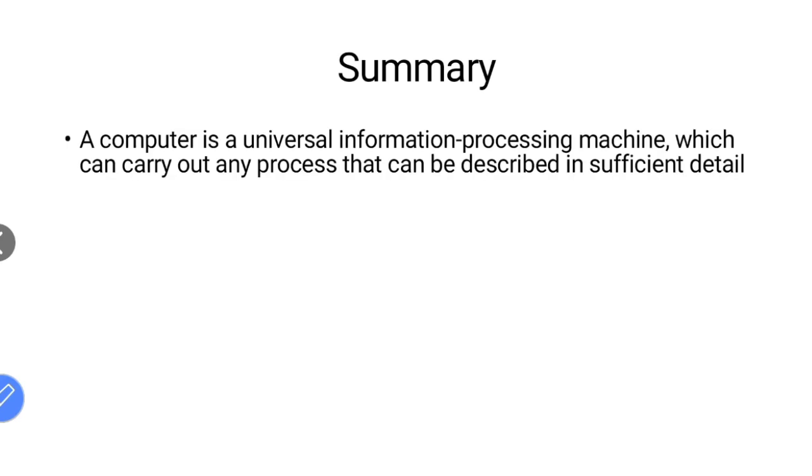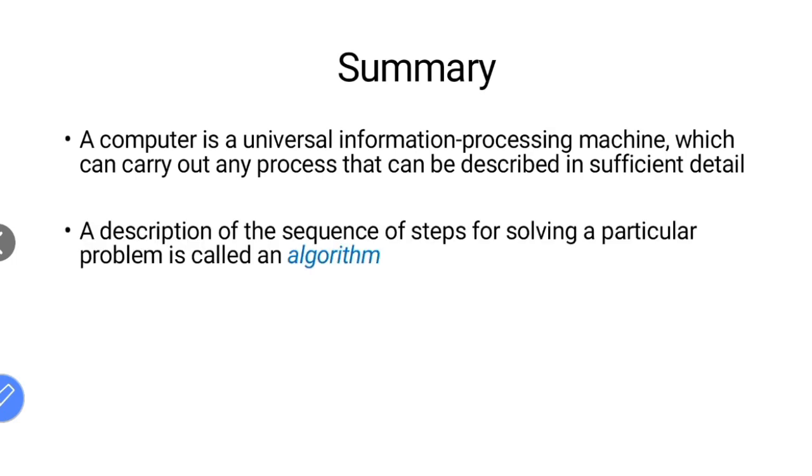Now come to our summary. A computer is a universal information processing machine which can carry out any process that can be described in sufficient detail. A description of the sequence of steps for solving a particular problem is called an algorithm. Now listen to the algorithm.